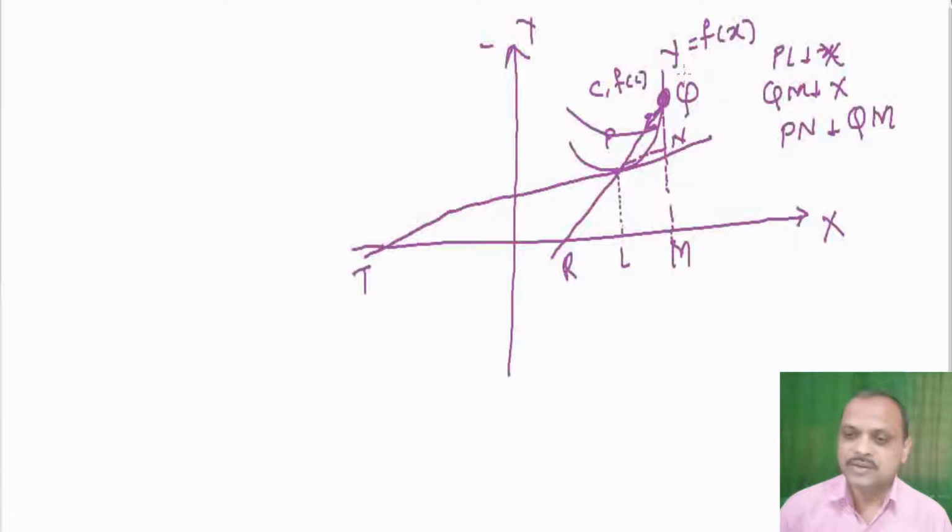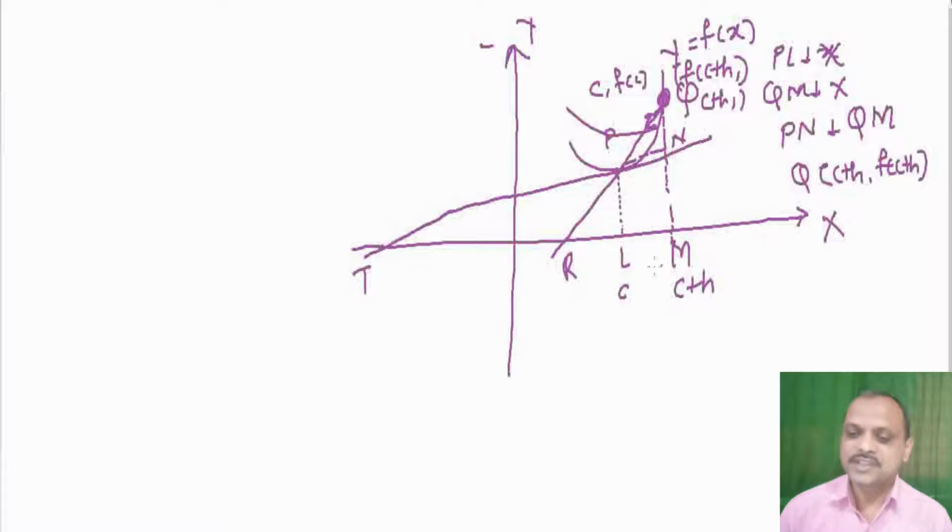Okay, so this is f of c plus h. This is c, so this is c plus h, and hence the coordinates of Q are c plus h comma f of c plus h.